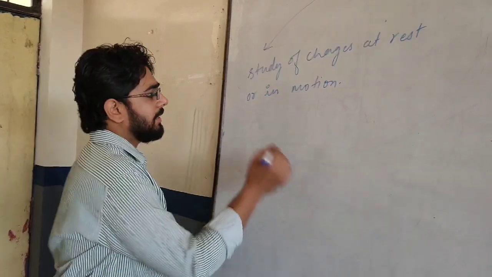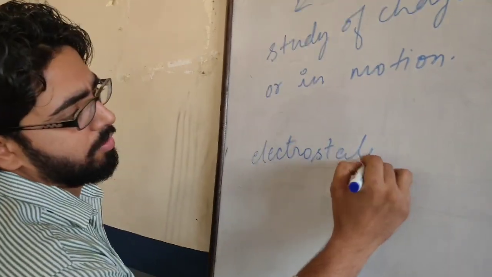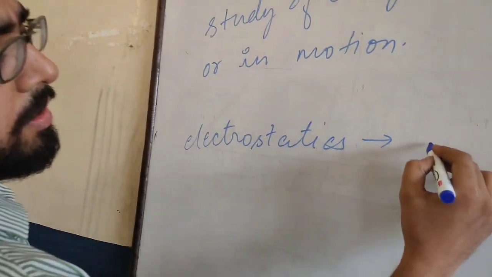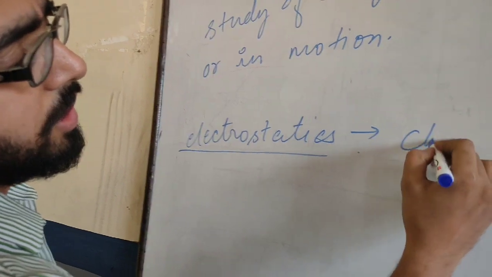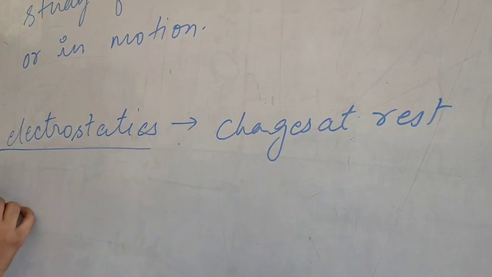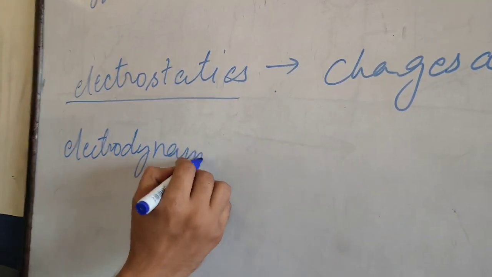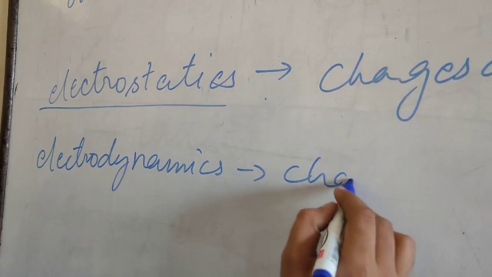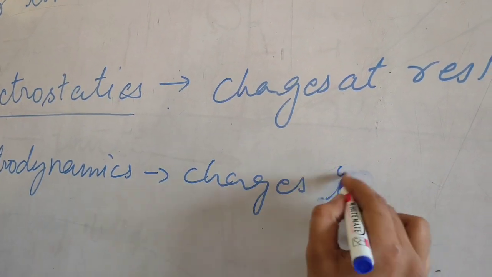Electrostatics is that branch of electricity in which charges are at rest, and electrodynamics is the branch in which charges are in motion.